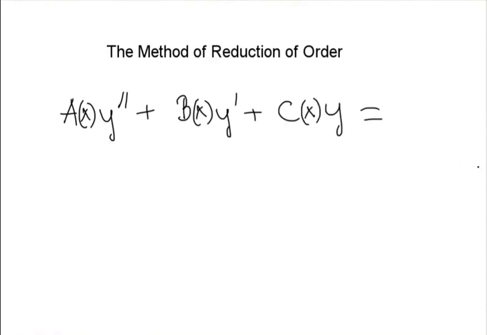The setting is that we want to solve the following second order non-homogeneous equation of the form a(x) y'' + b(x) y' + c(x) y = g(x), where a(x), b(x), c(x), and g(x) are functions of x. So these coefficients may not be constant anymore.